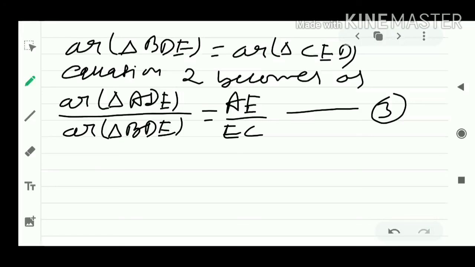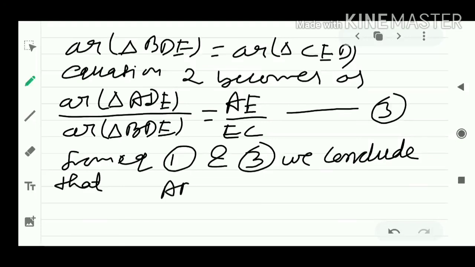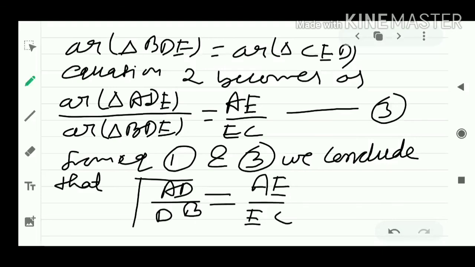So from equations 1 and 3 we conclude that AD by DB equal to AE by EC. This is the proof of the theorem.